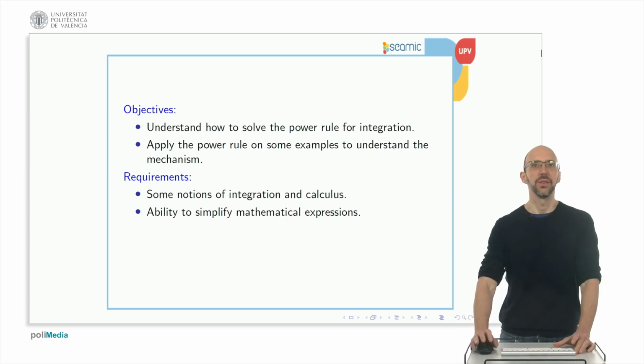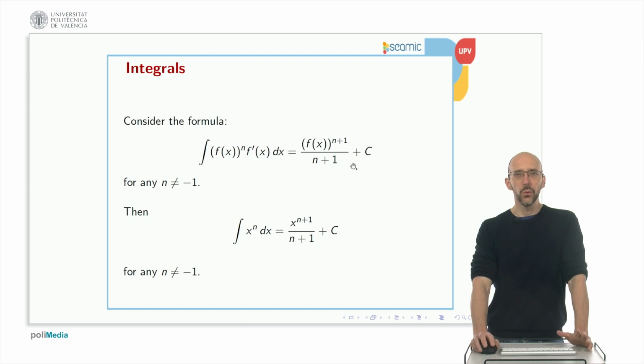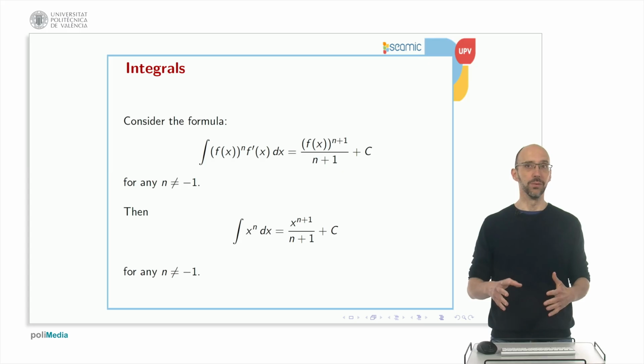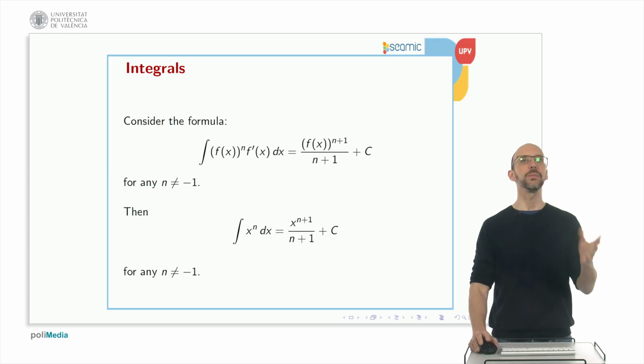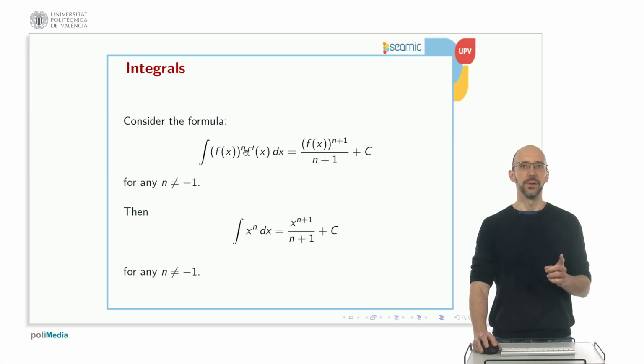Okay, let's start with the formula. In this case, this formula is something known, not new. Let me review the pattern. You need to have a function powered to a number, and outside should be the derivative of the function between parentheses, okay?